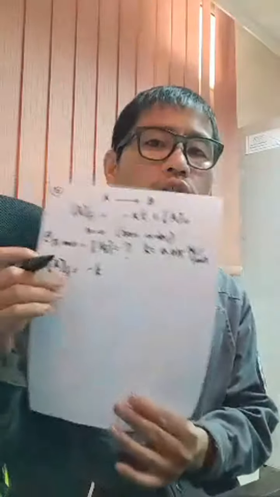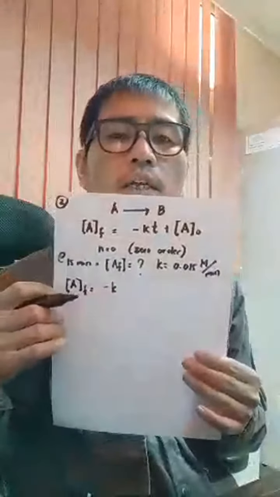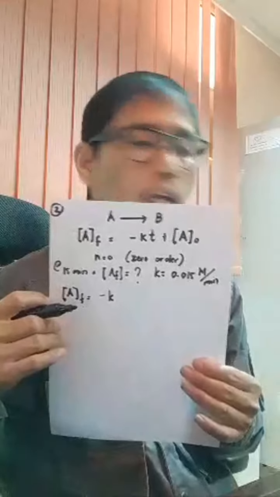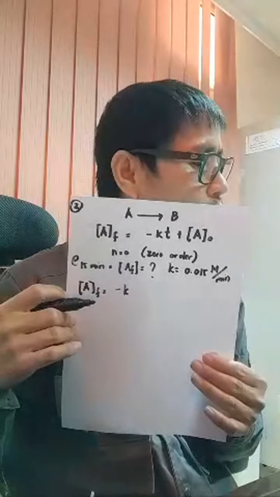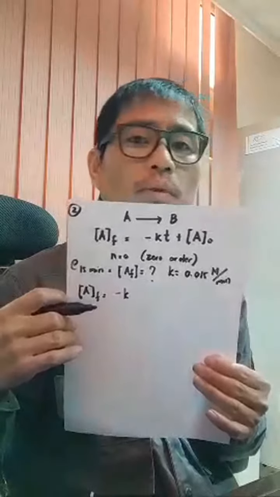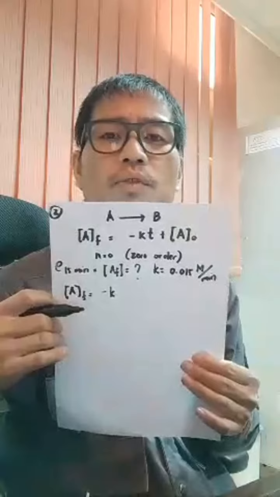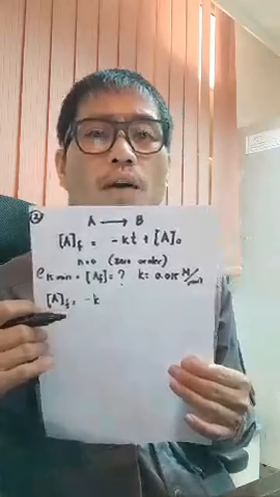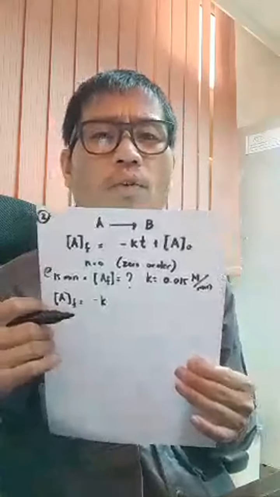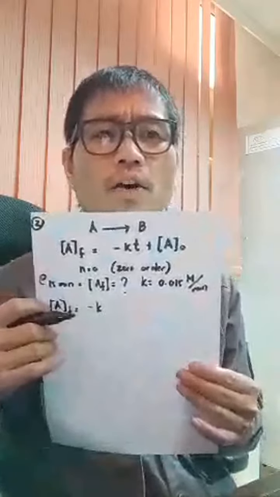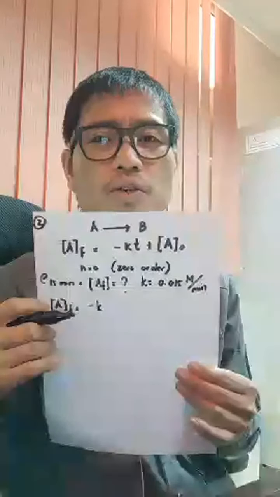This is our k mentioned. So take note, the time is expressed in minutes. It would be better to express this in seconds first as our standard unit for molarity for any order rate of chemical reactions in chemical kinetics.